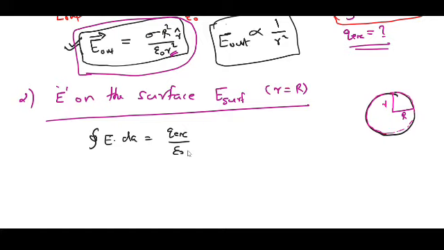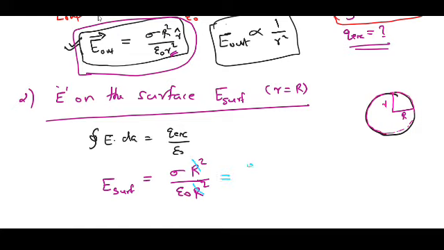Therefore no need to go through the derivation. We can simply use this equation: E at surface is equal to sigma R square by epsilon 0 r square, and instead of small r we substitute capital R. It is very simple, the R square and r square get cancelled.